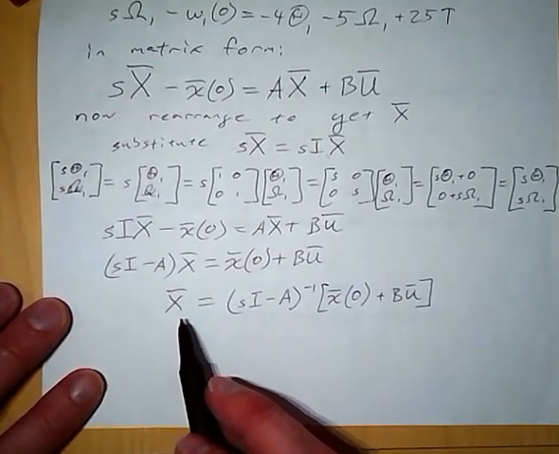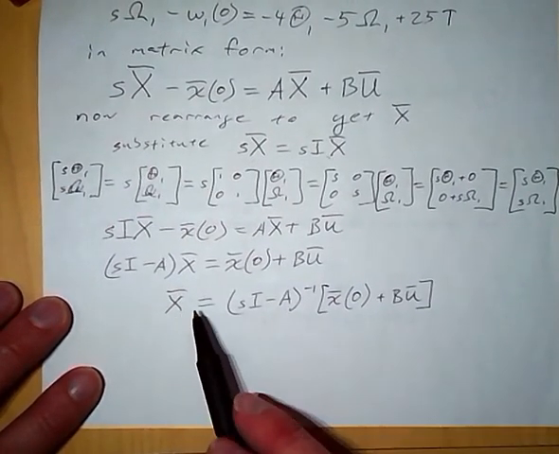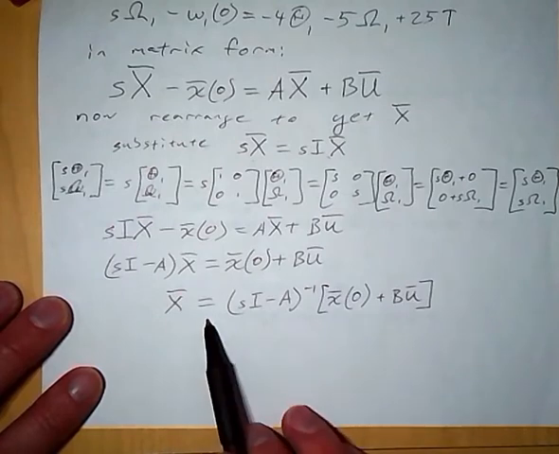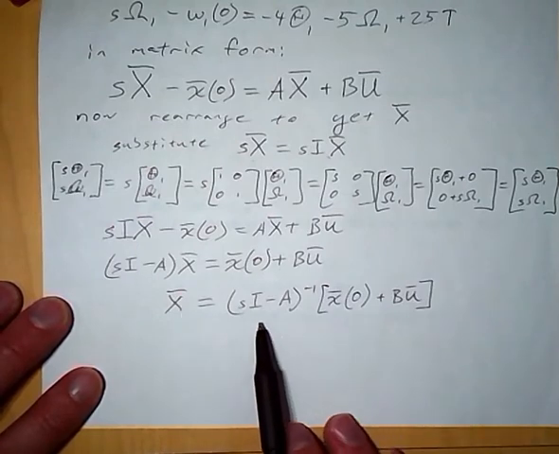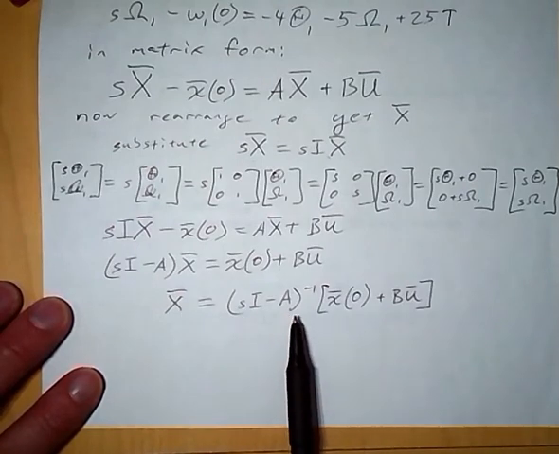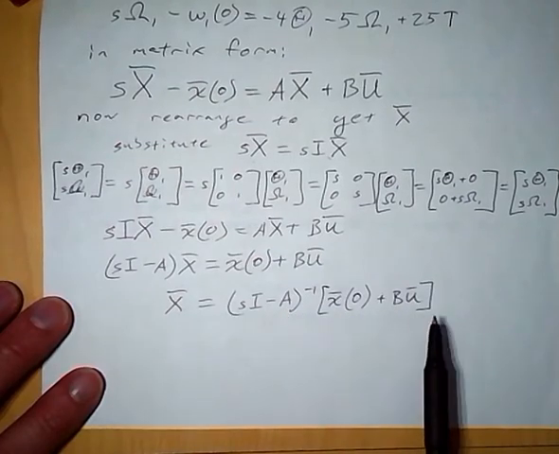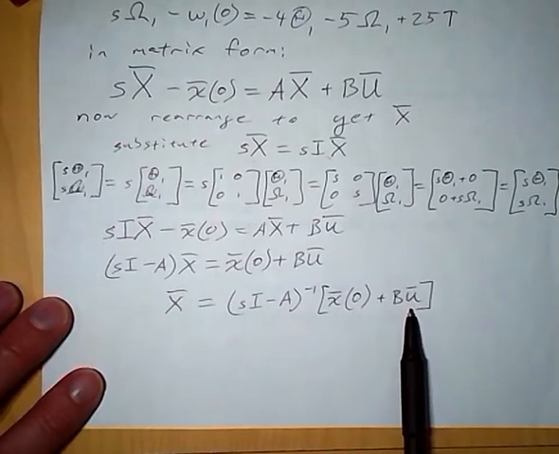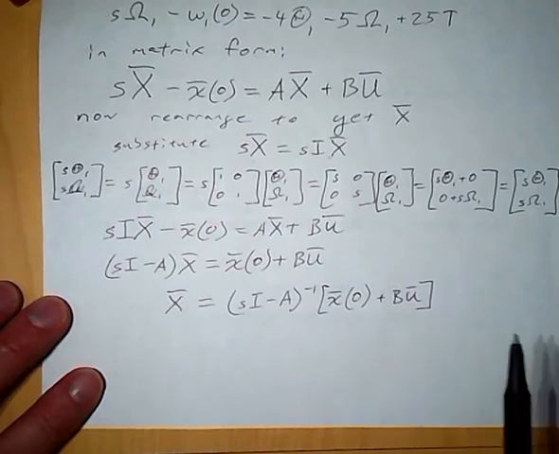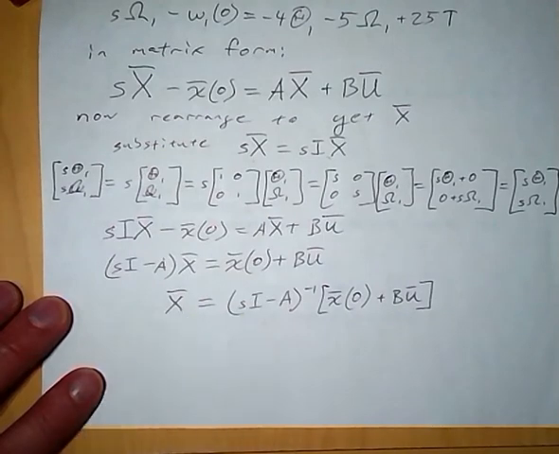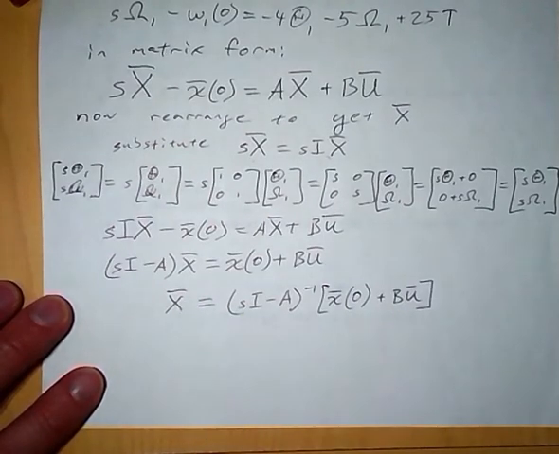And once we have the Laplace transform, then we can use the inverse Laplace transform to get our state variables as functions of time. So for our particular example, we'll know A, we'll know the initial conditions, and we'll know the Laplace transform of the input. We'll also know B. So we'll be able to get the Laplace transform of the state vector.